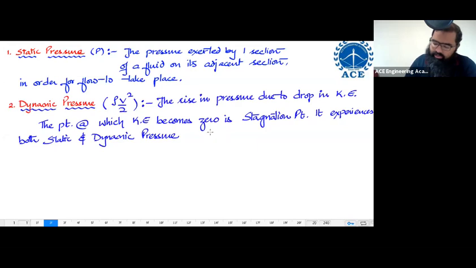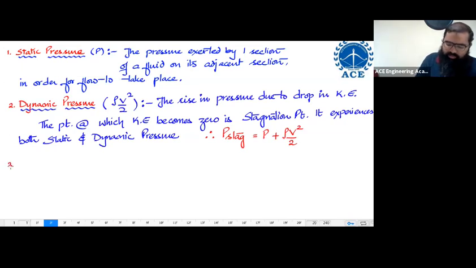Therefore, P stagnation has to be equal to P plus rho v square by 2. This is the second type of pressure, along with stagnation pressure, discussed here.